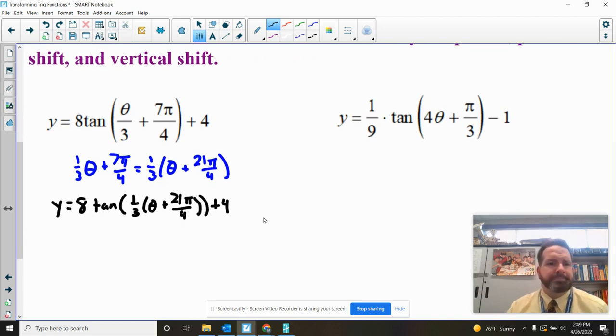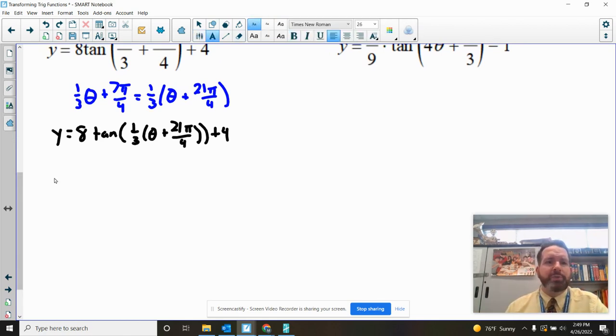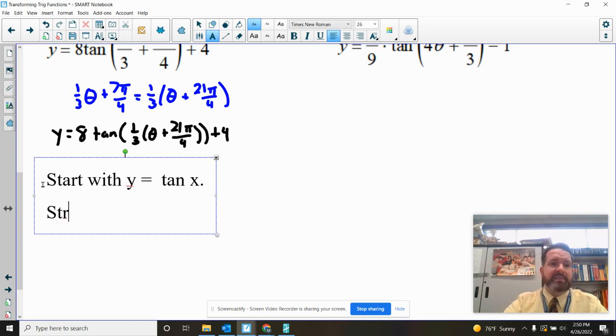plus 4. All right, when you're describing this, you do need to start with what function you begin with. So we start with the tangent function. Then let's talk about stretching and compressing. So first, the vertical stretch or the horizontal stretch, it doesn't really matter which you do first. Because we have an 8 in front of everything, that's a vertical stretch by a factor of 8.